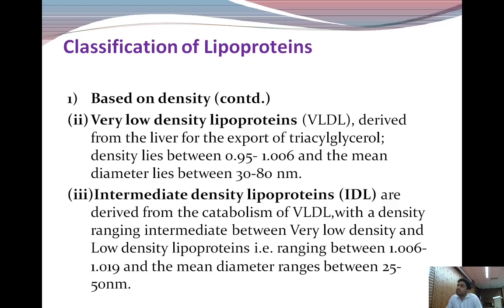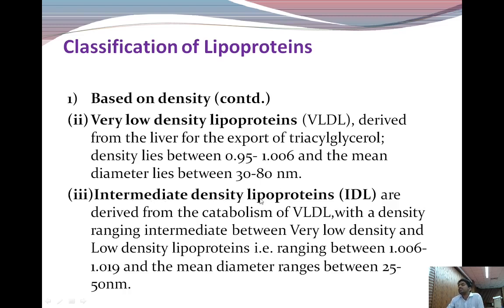It is formed in the liver, containing triacylglycerol and other lipid, so that it can be exported to different organs. VLDL mainly consists of triacylglycerol, and its density is higher than chylomicron, and its diameter is smaller than chylomicron.